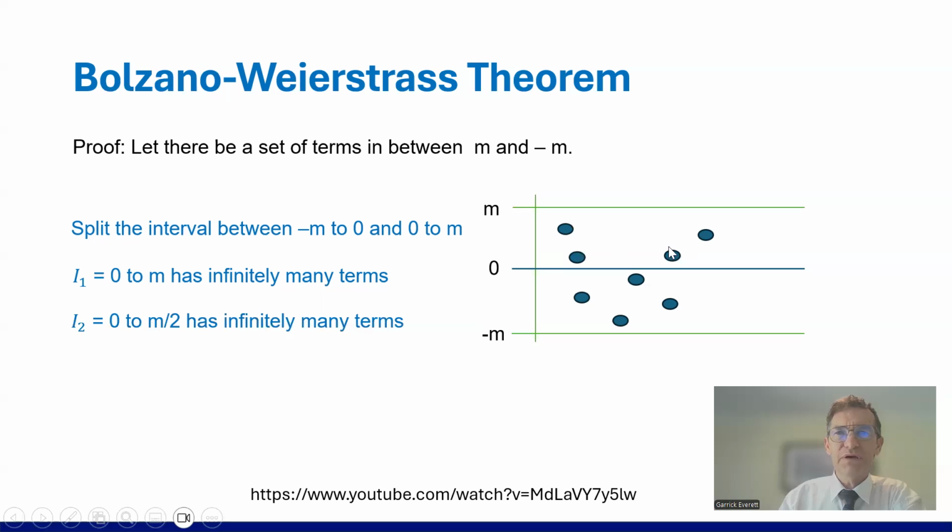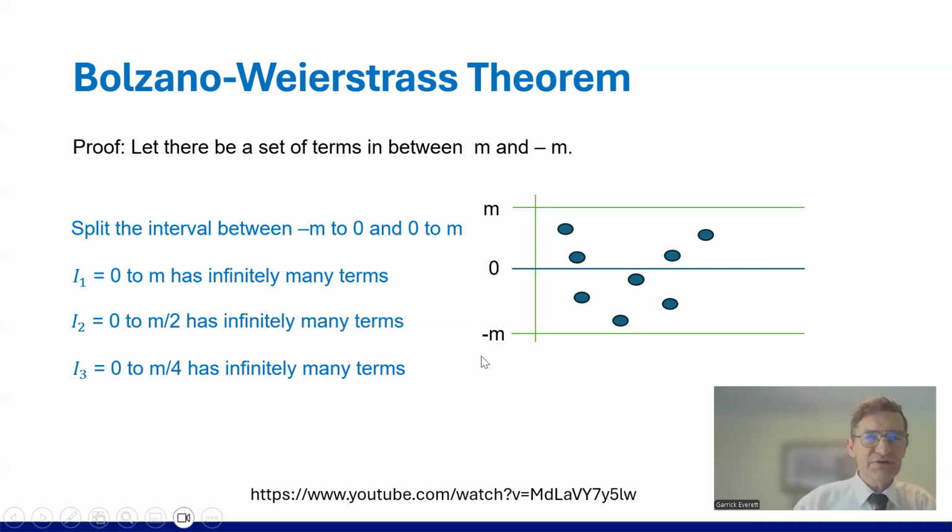So now I'm going to put a line here and declare that this has infinitely many terms. Then I'm going to keep doing it. I3 is 0 to m on 4. That's got infinitely many terms. So from here to here has infinitely many terms, and the rest of the place hasn't. Every time I split it, I can say one side has infinitely many terms and the other side doesn't.